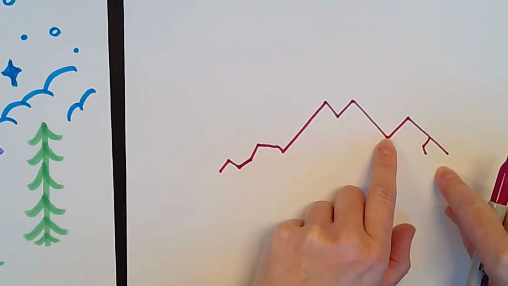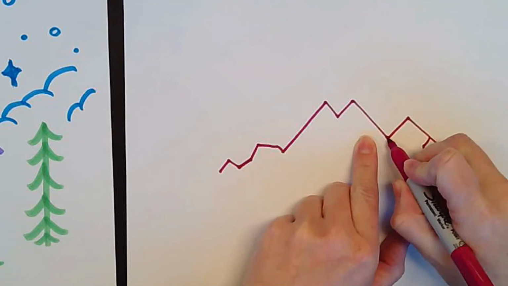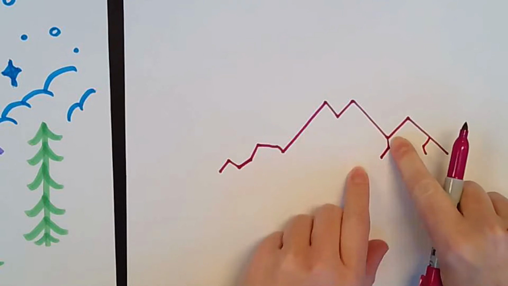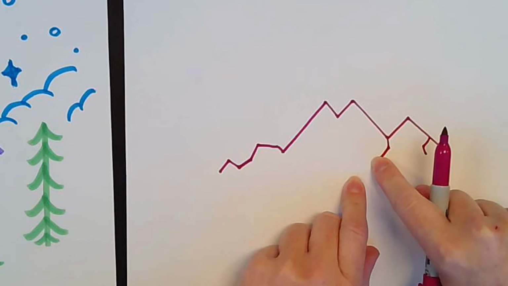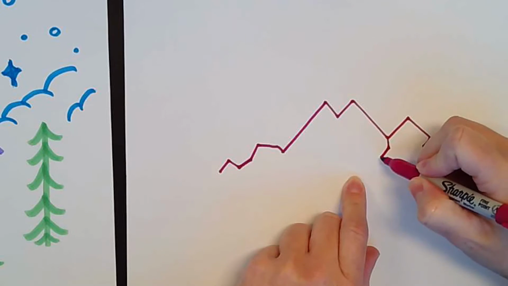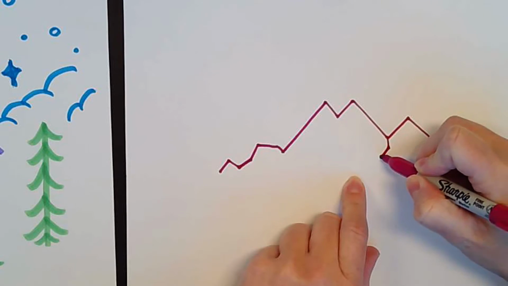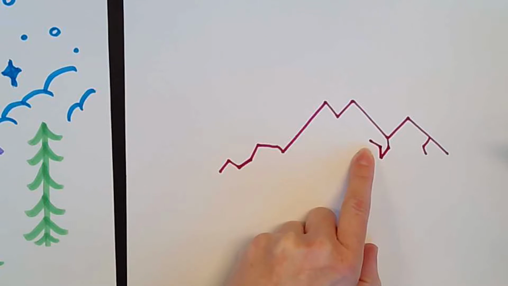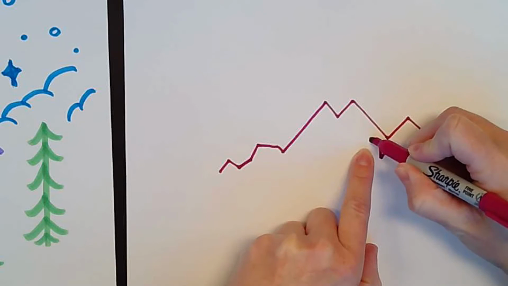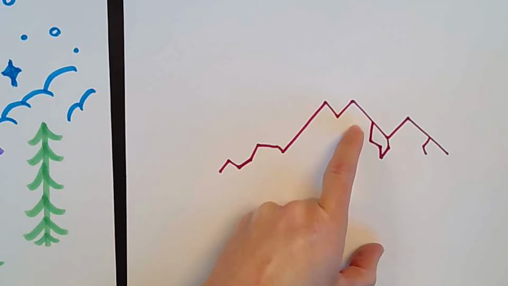Okay, now here in the middle, you're going to come down and over. Down and over to the left. Then you're going to come up, over, up and over, and then back up to the mountain.